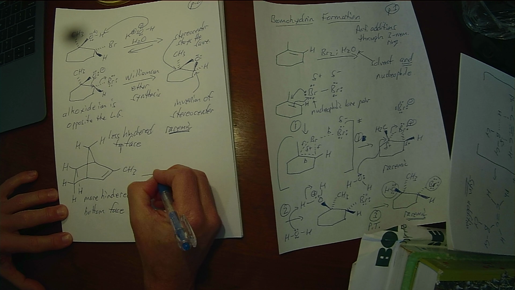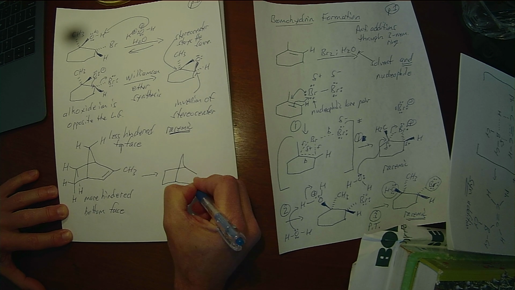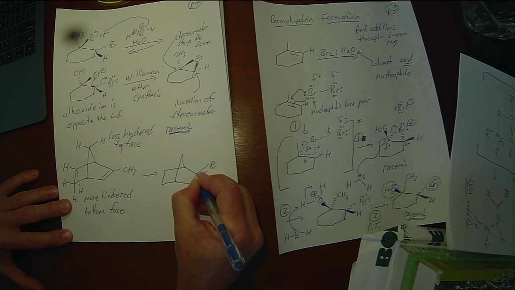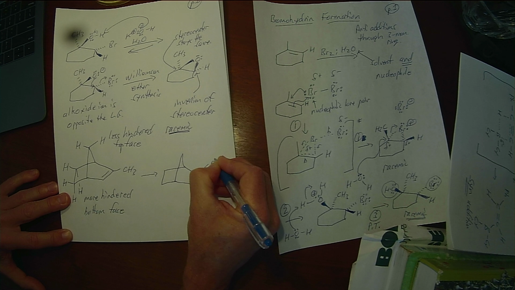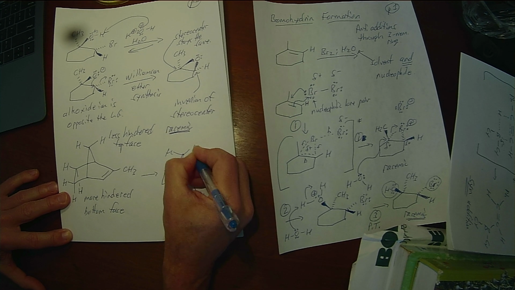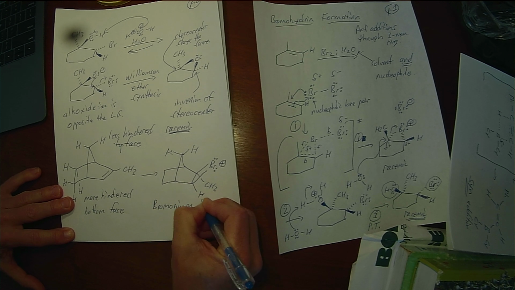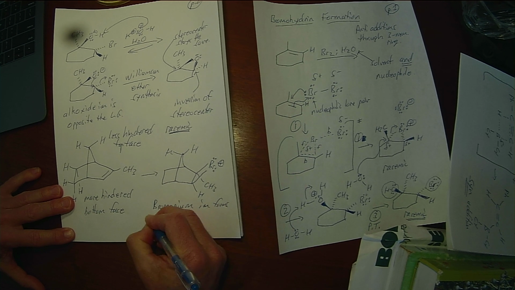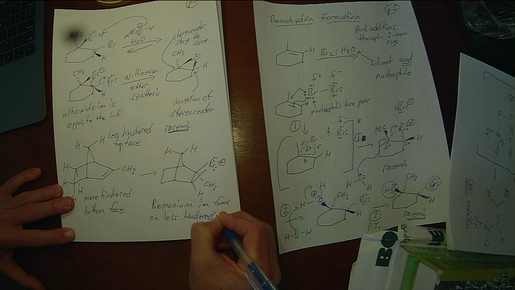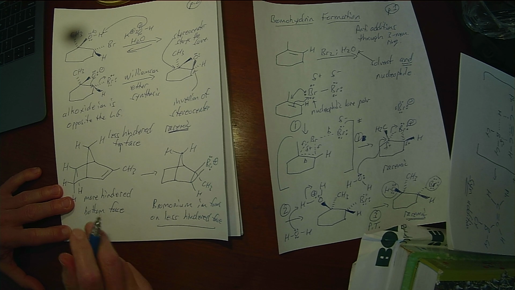So the bromine would attack on the top face because the electrophile always wants to come from the less hindered side. And once you selectively form that bromonium ion on the top face, right, so that's on the less hindered face, whatever the less hindered face is, then that determines the position of the alcohol.